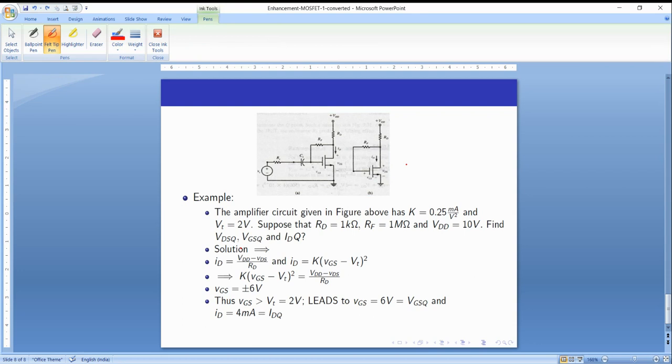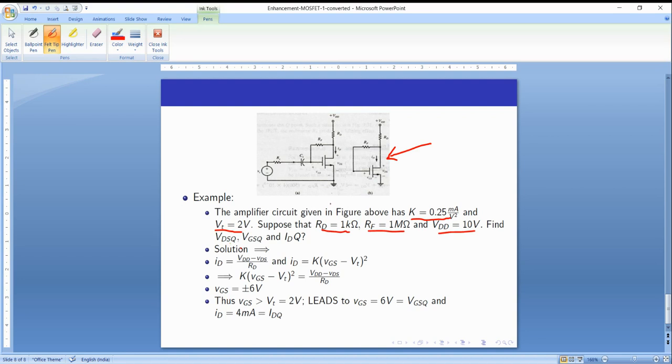For the amplifier circuit shown in the figure, the K value is given and the threshold voltage is 2 volts. Suppose RD is 1 kilo ohm, feedback resistance is 1 mega ohm and VDD is 10 volts. Find out the operating point, that is VDSQ, VGSQ and IDQ.